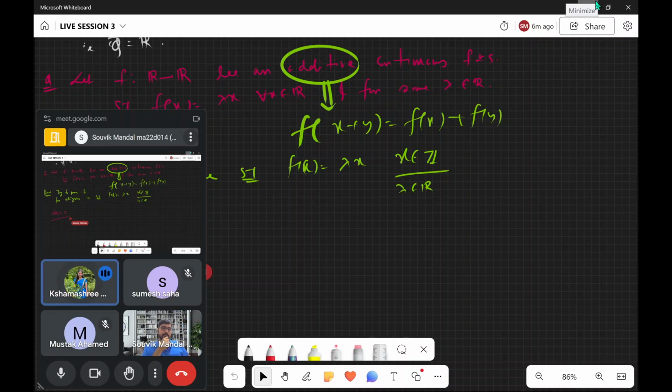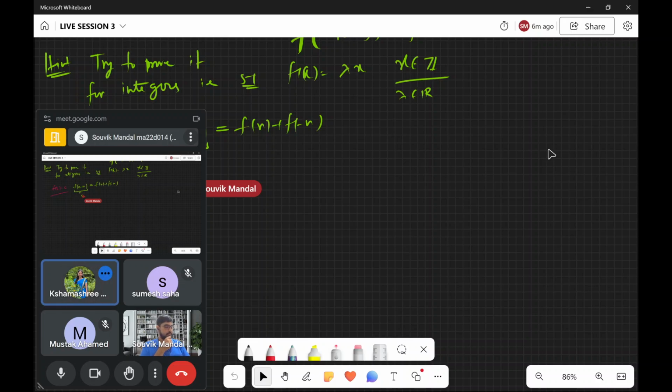Next, if f of 0 equal to 0, we got 0 equal to, if we take n minus n for any natural number, then using the additive property, f of n plus f of minus n equal to f of 0, which is equal to 0. Then f of n equals minus f of minus n.